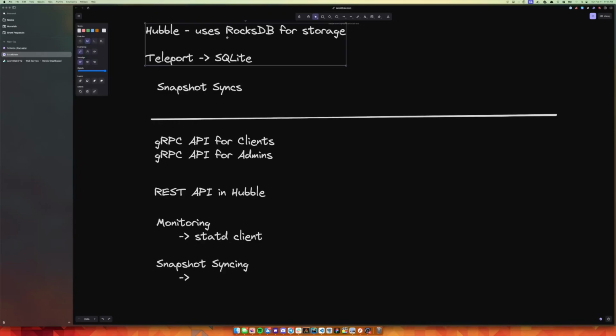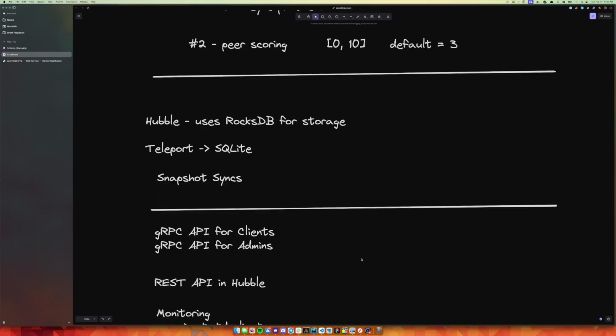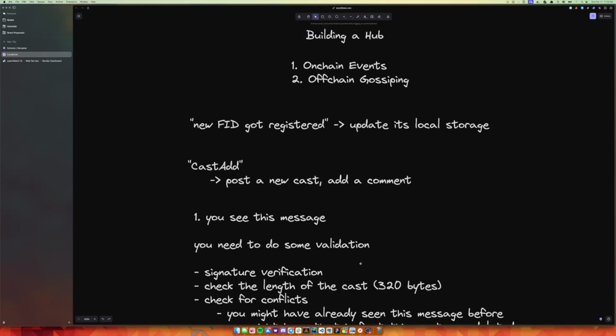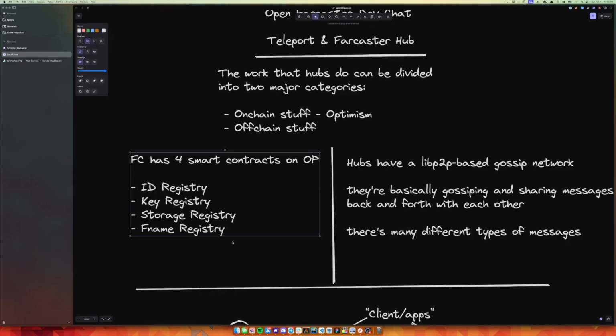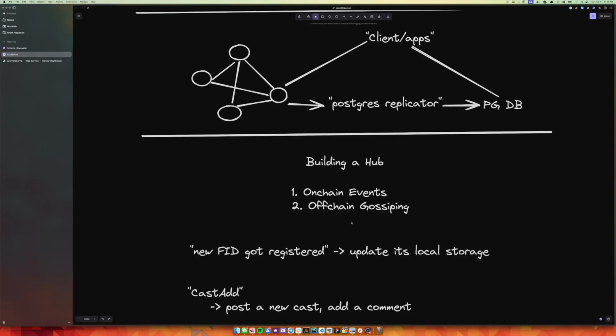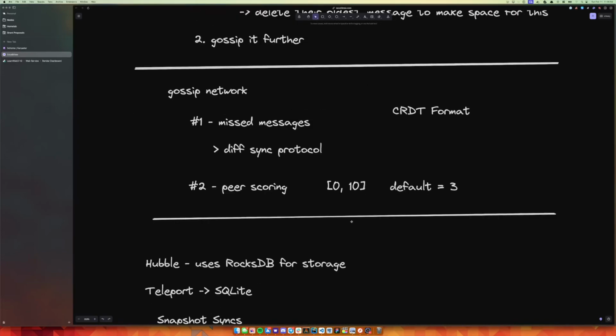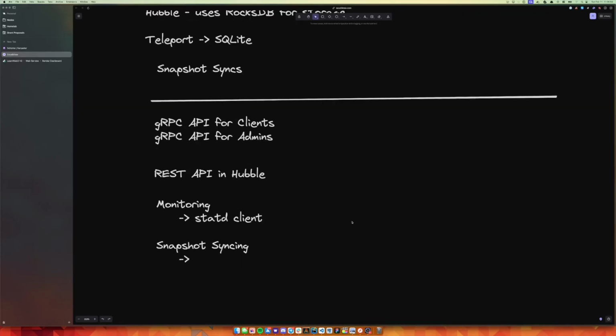And this is where I want to get back to the database conversation. So the way snapshot syncing works, as I said earlier, when a hub starts for the first time, you need to sync all of these events and process a bunch of different messages and catch up with other hubs on the network, which can take a decent amount of time because there's a lot of events to process. So Hubble has snapshot syncs like any other node.